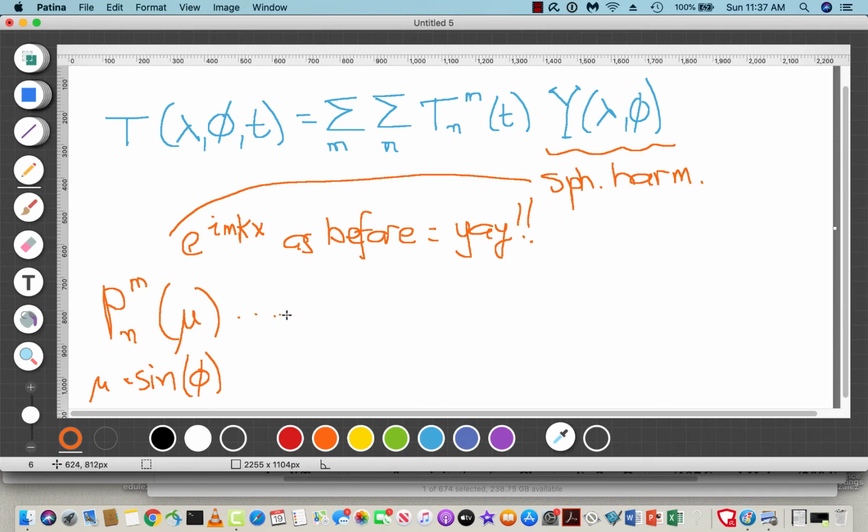To me, this is a Hough function. But I'll go back and look that up. Anyway, it's a Legendre polynomial.